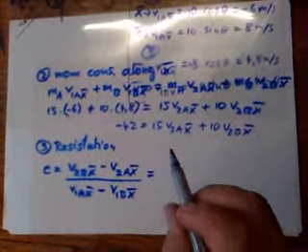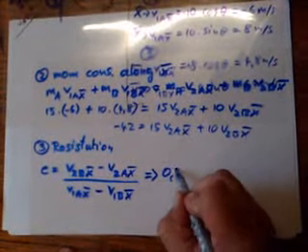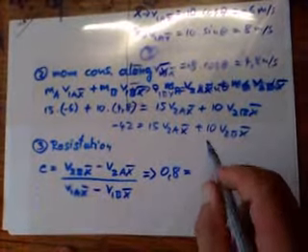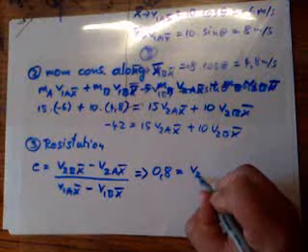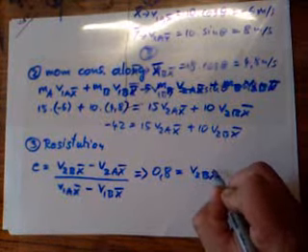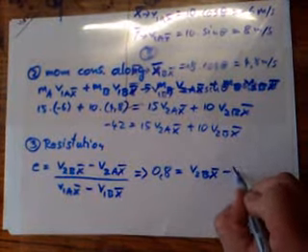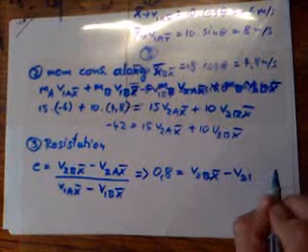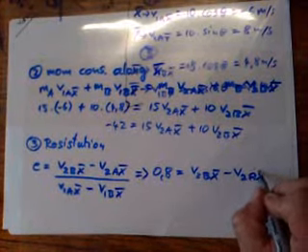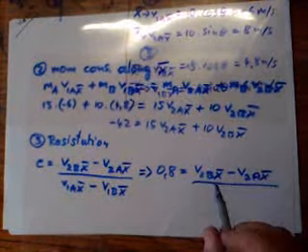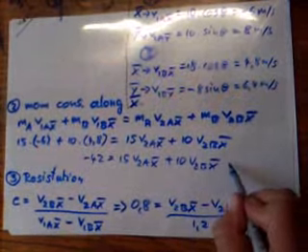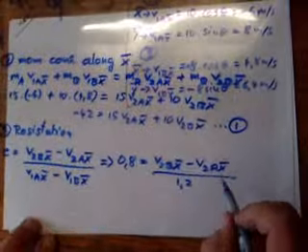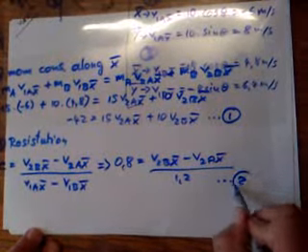I'm throwing in the values, and what I get is 0.8, which is what our restitution coefficient is given as, is equal to V2B x bar minus V2A x bar divided by 1.2. And then I can call this equation 1, and this equation 2.